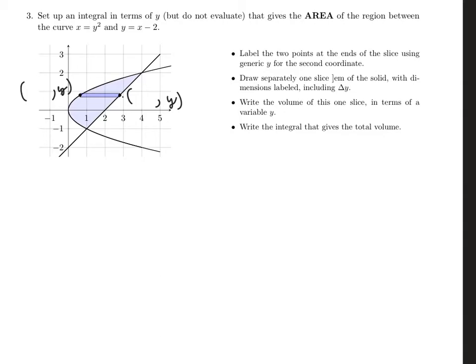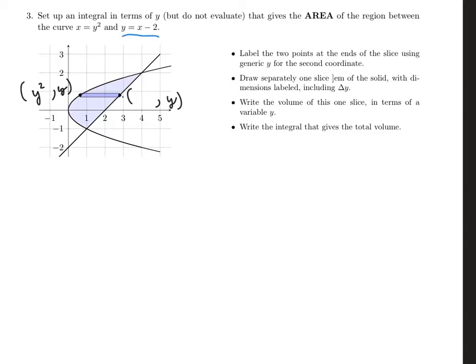The curves are given, the first curve, the parabola, is given as an equation x equals y squared, and so that works out really well because that really means the x coordinate is the y coordinate squared. So the point on the left has an x coordinate that's equal to the y coordinate squared, and we can just write that in. The other line that's given is not solved that way.